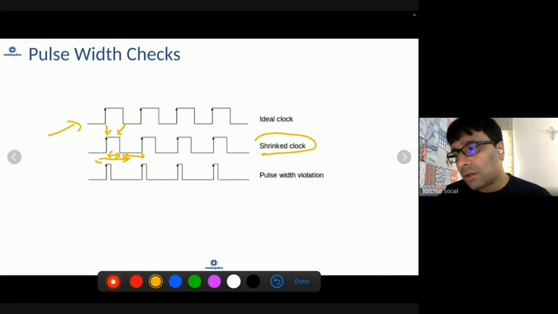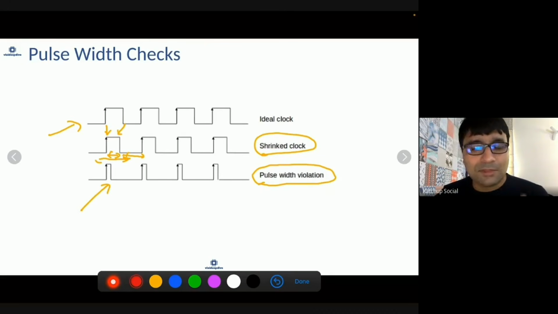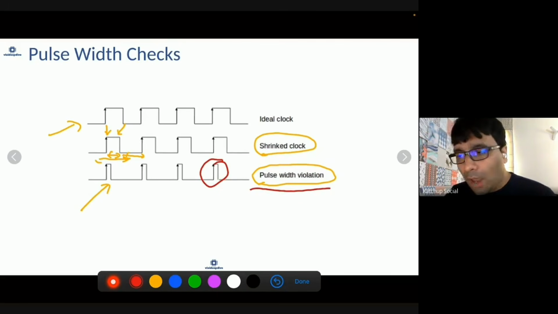So there is a shrinkage in the clock. If the shrinkage is below a certain value, which is the case here, then a pulse width violation happens. You specify to the tool the minimum pulse width required for a particular clock, and if the pulse is lower than that, then the pulse width violation happens.